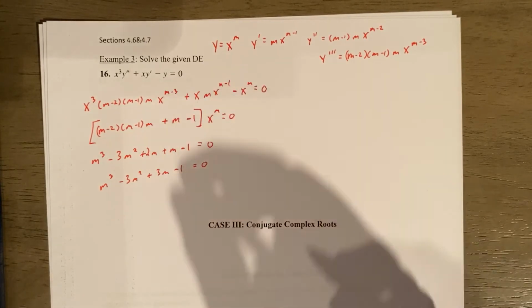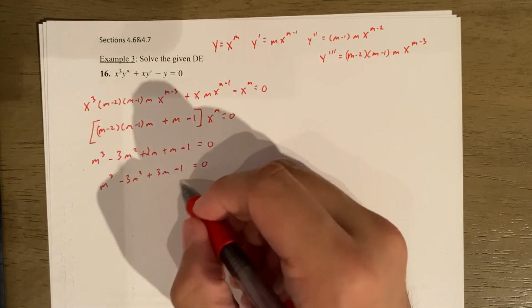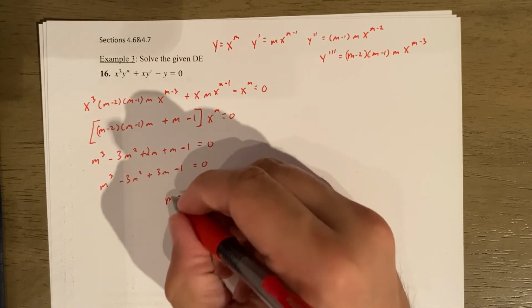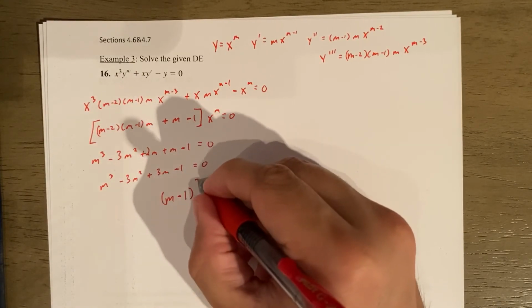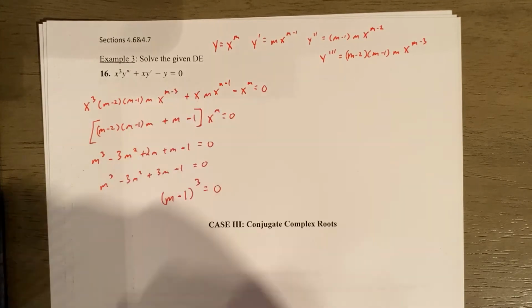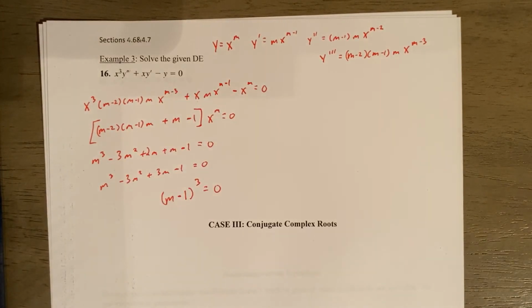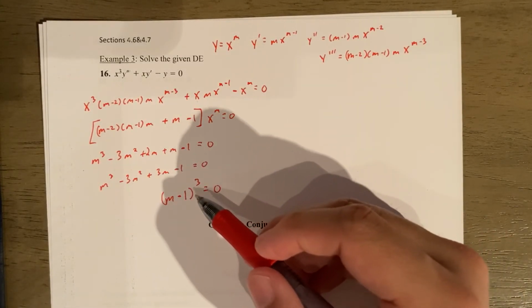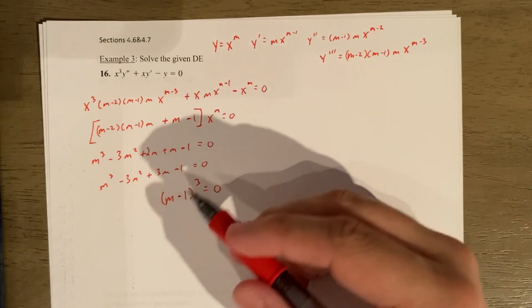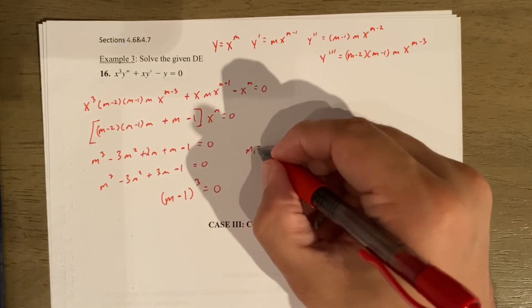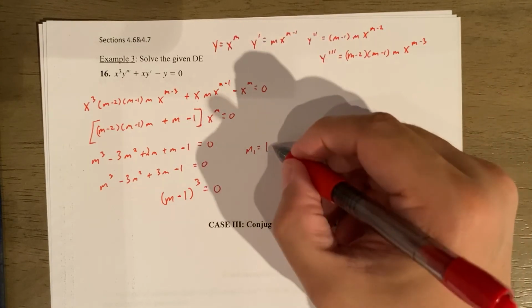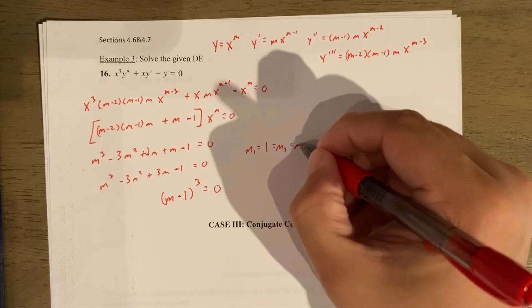And so when I factor this, I'm going to get m minus 1 cubed equals 0. And so here what I realize is that I'll have repeated roots, not once but twice, because m sub 1 is going to be 1, but so is m sub 2, and so is m sub 3.